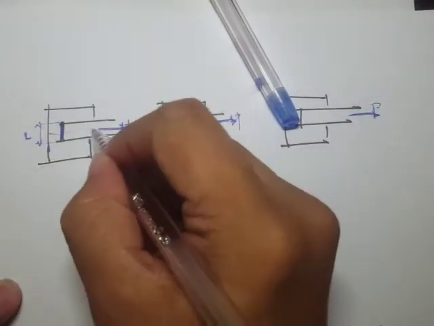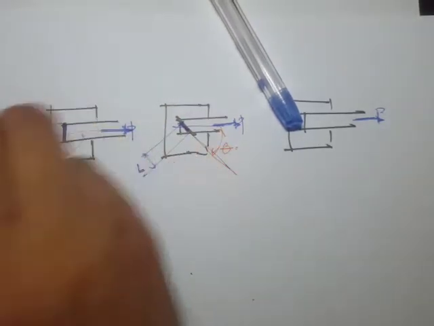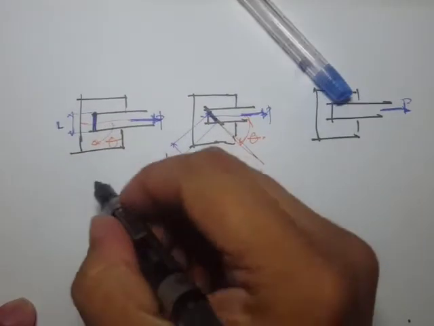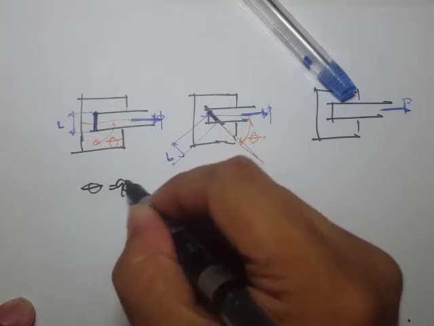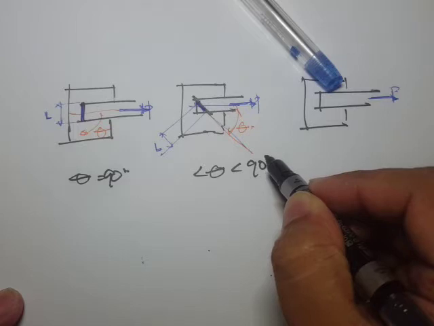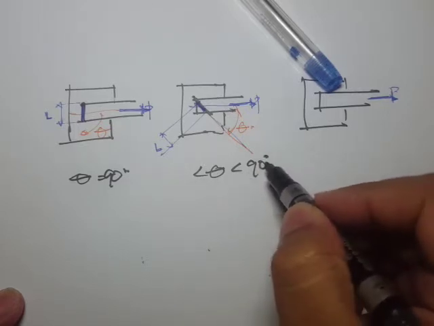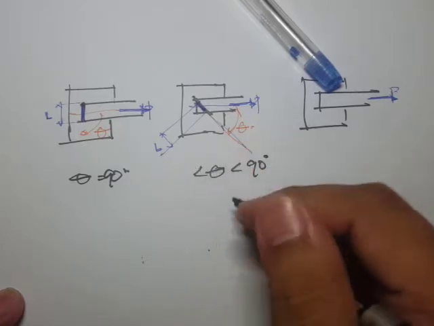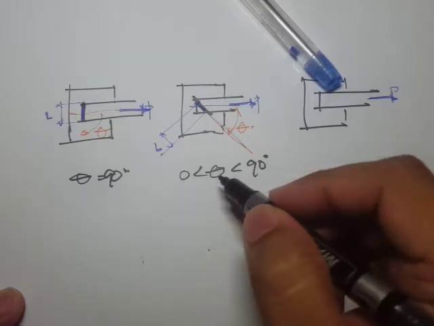This one is 90 degrees, so here theta is 90 degrees. This one theta is less than 90 degrees, but greater than 0.